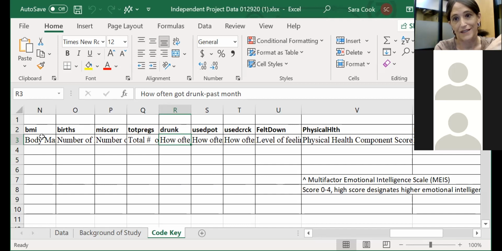And you'd be surprised, things that you think are standardized, like sex, they may have 1 and 2. Sometimes they'll have the number 1 and 0, and you're never sure, is 1 male or female? There's no consensus on how to label these things. And so you could make a big mistake if you didn't know what the code was.